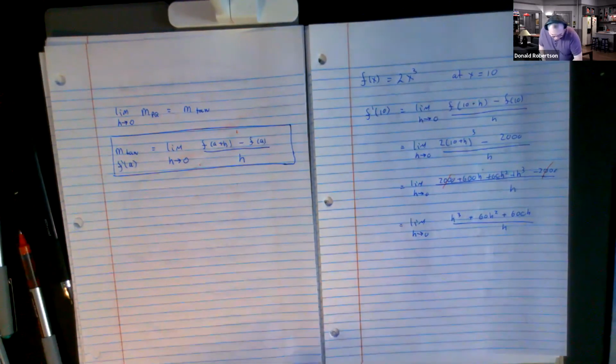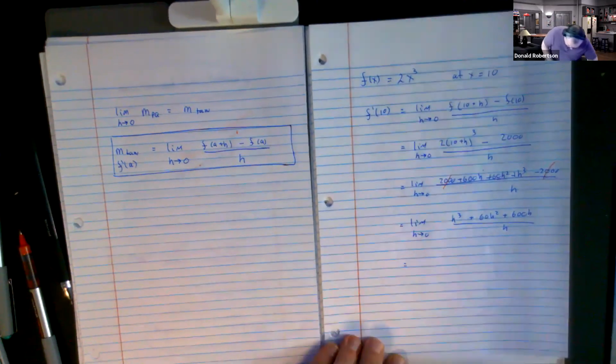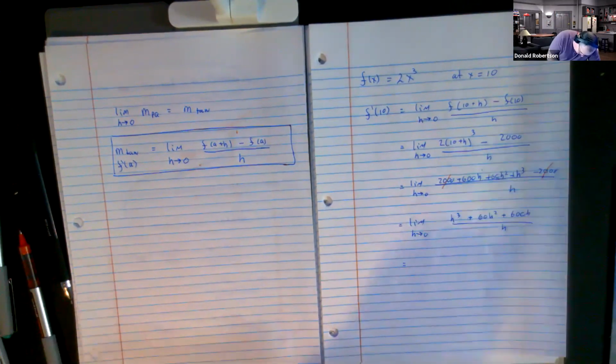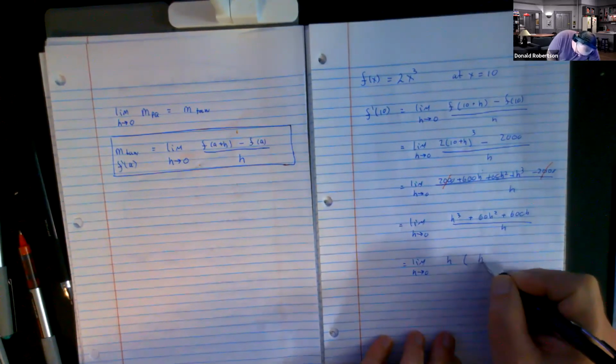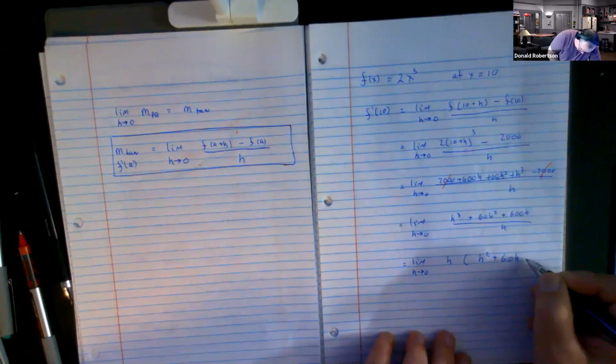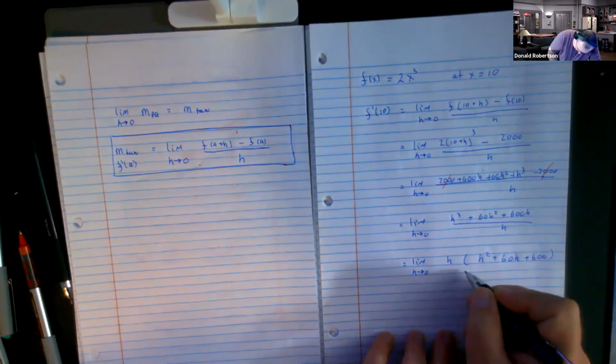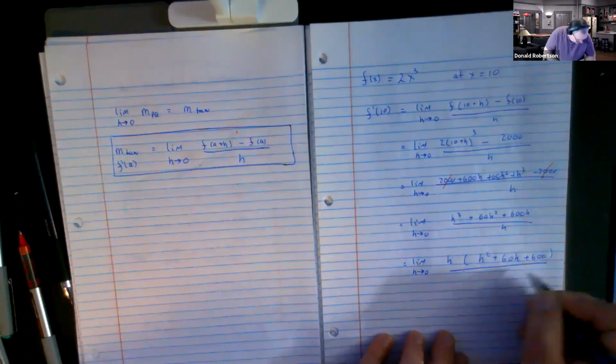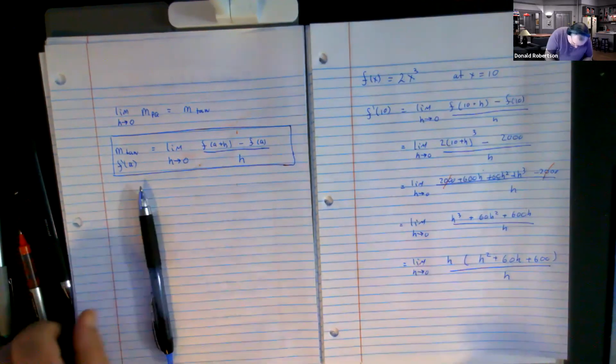Just like in the other question, the numbers cancelled out. And just like the other questions, and this is always going to happen, you can pull out an h. And now you can cancel.